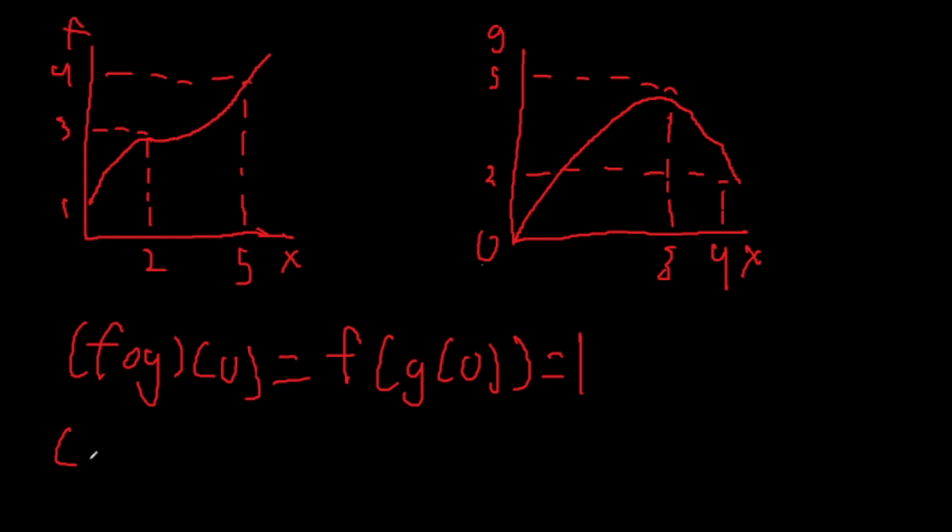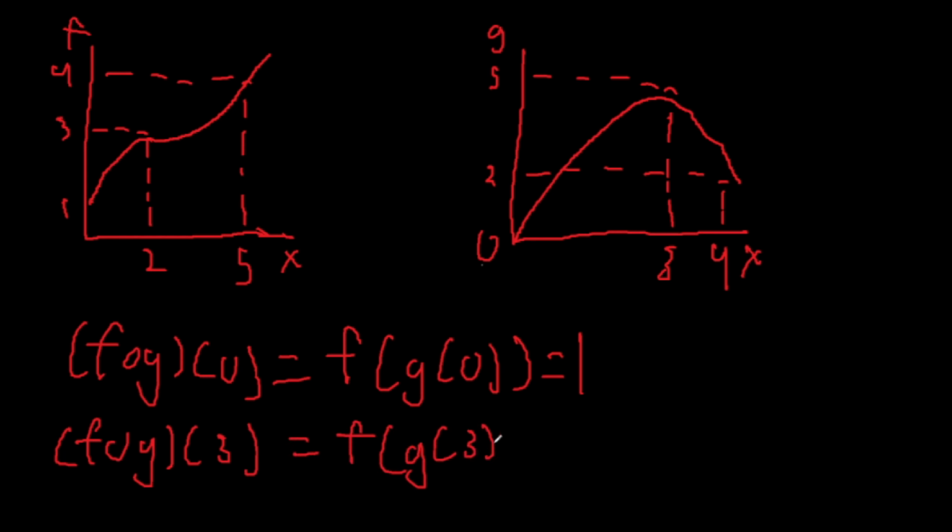I think this will be an easier way of showing it if you have f of g of 3. For this one, you find where the 3 meets the g graph, and it meets at this point, 5. It's not drawn perfectly, but it meets the g at a value of 5. So you take that g equals 5, and you put that in for the x-axis of the f of x graph.